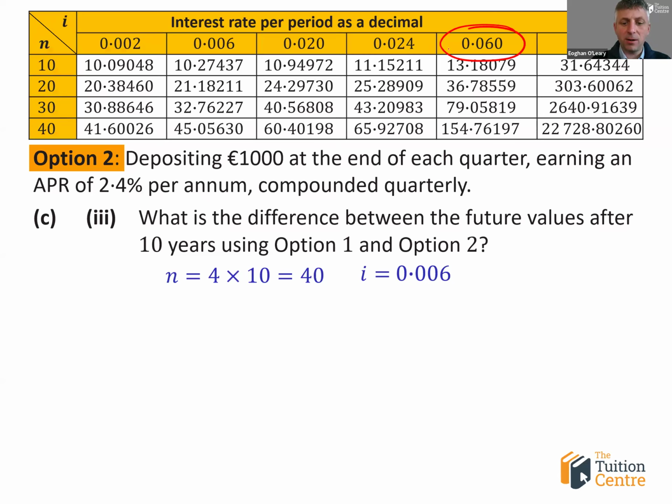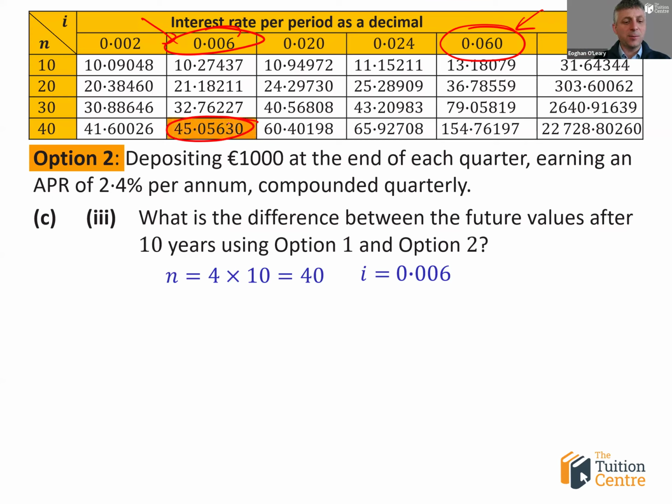Here is our value associated with 0.006, and we're going to say, well, how many compounding periods are we going to have? We have 40 compounding periods because it is 10 years and it is 4 quarters per year. So it is 40 quarters.